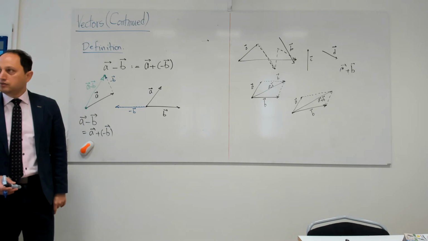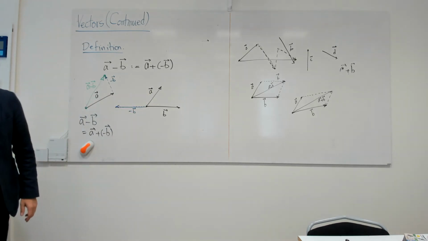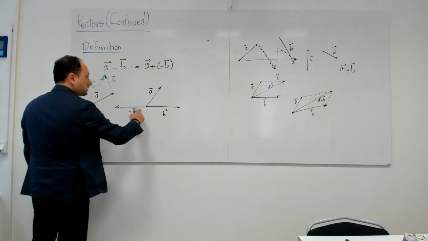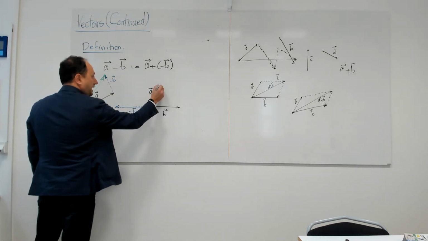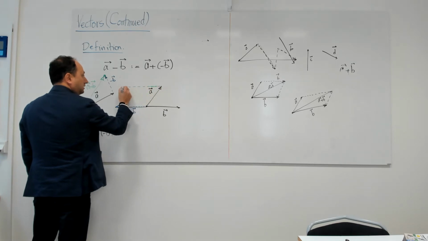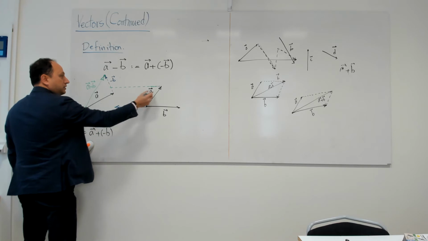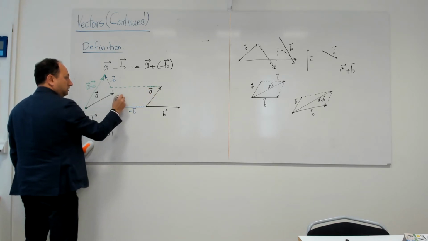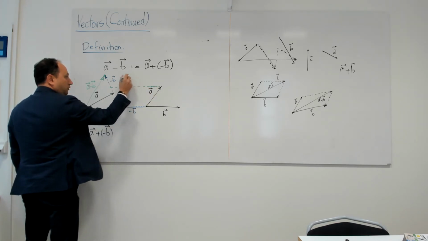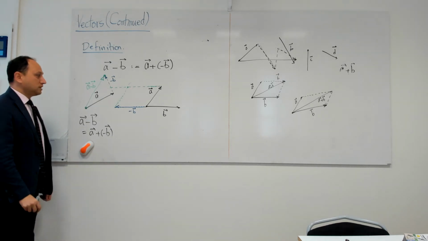So what should I do? I need to complete the parallelogram constructed on these two lines. It means that from the end of this vector, I just draw a line parallel to the blue line, and from the end of the blue line, I draw a line parallel to the black line. And when they intersect, I draw this diagonal. Which diagonal?